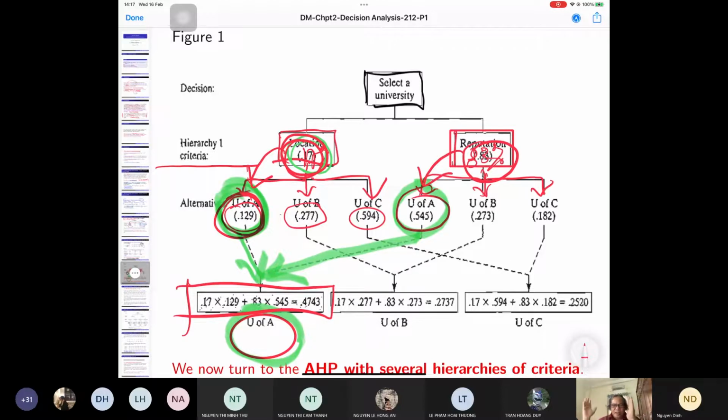And in the same way, you combine location and reputation, and you get the composite weight of B and C. And you compare the three numbers here. The biggest one will be the best for you.